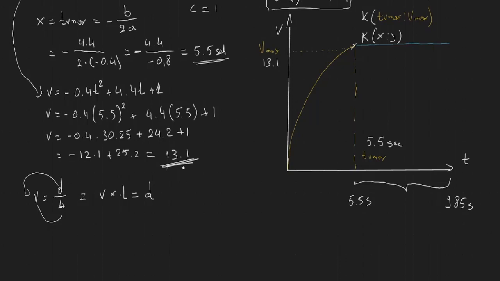Velocity we know is 13.1. Now we have to find the time. Since the race lasted 9.85 seconds and he reached the maximum speed at 5.5 seconds, the time is 9.85 minus 5.5, which equals 4.08 seconds.